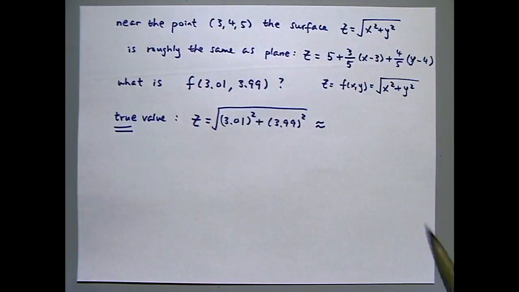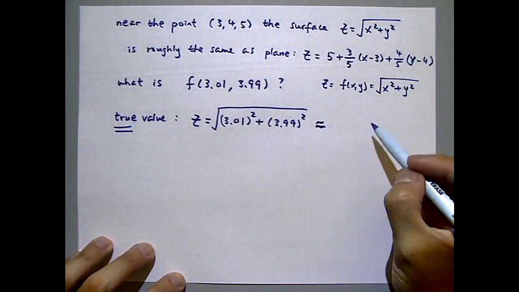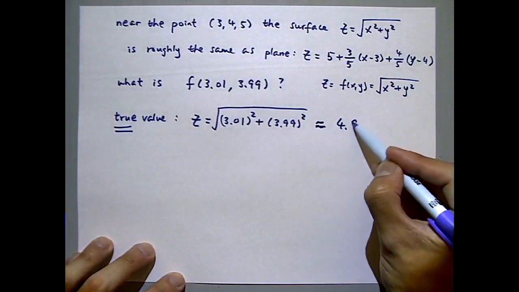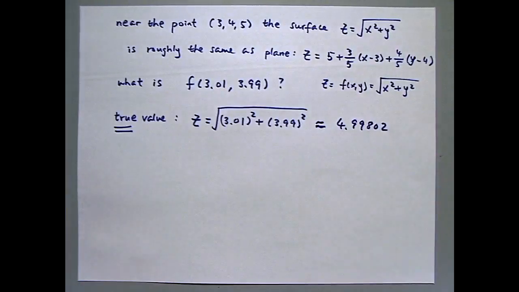In our case, the true value is 4.99802. You have to use a calculator to find that, and I rounded at 5 decimals.